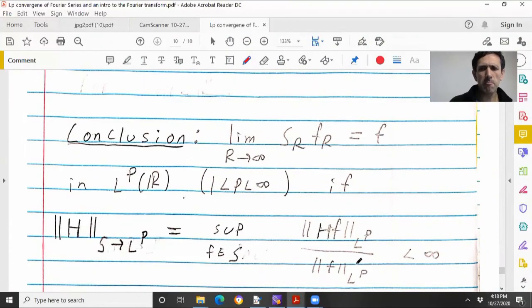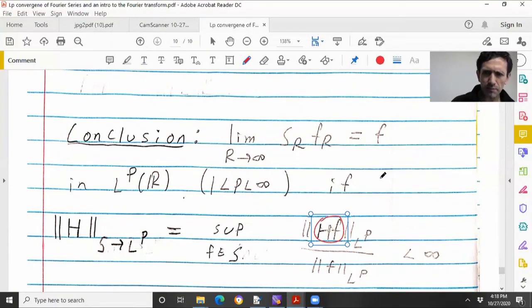Right, where again, this is defined as the following norm. Okay, and what we'll do, I don't know if it's in the next video or very soon, but as long as we have a Schwartz function, we can have a very concrete realization of the Hilbert transform. It turns out to be a very, very simple operator.